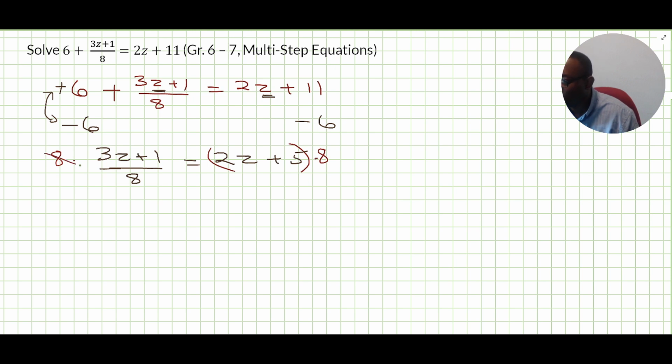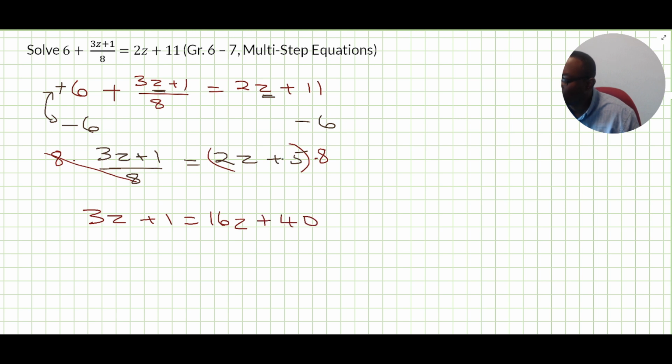When we multiply by 8, this crosses out completely. So now we have 3z plus 1 equal to, now we're going to distribute 8 into the parentheses. 8 multiplied by 2z, we have 16z, and 8 multiplied by 5, we have 40.